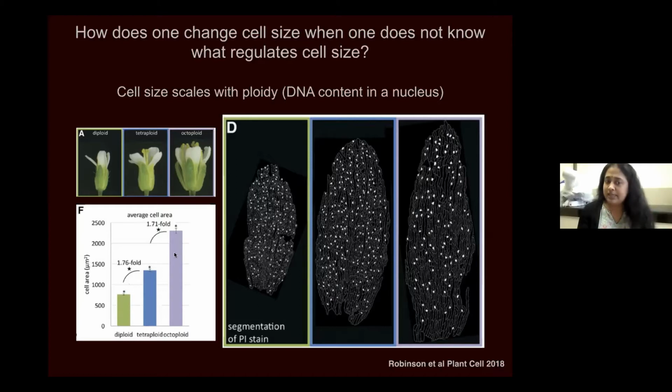So does its cell area. But it's not linear, so it doesn't double or quadruple. This is another data set showing that the actual individual cell sizes change in a plant that is a tetraploid or an octoploid in comparison to its diploid counterpart.